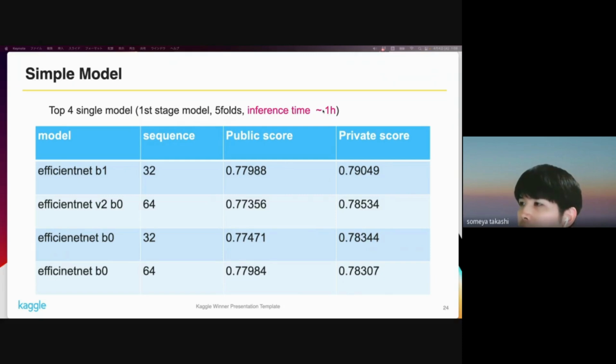Inference time is only about 1 hour. And maybe you can see a very good score. We only use a single first stage model, and it's a very good score. It reaches the gold zone, I think.